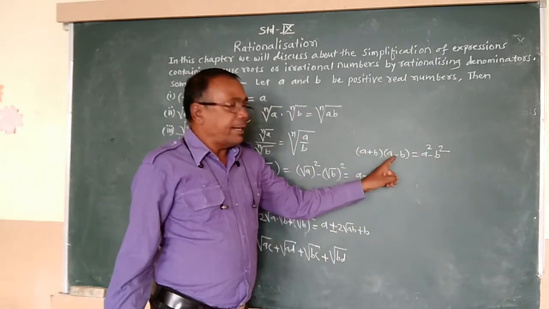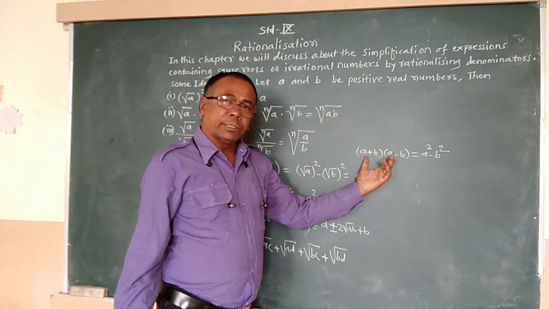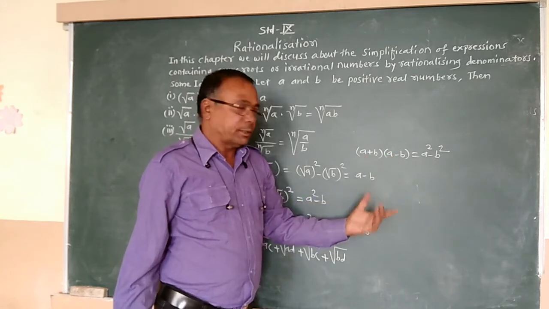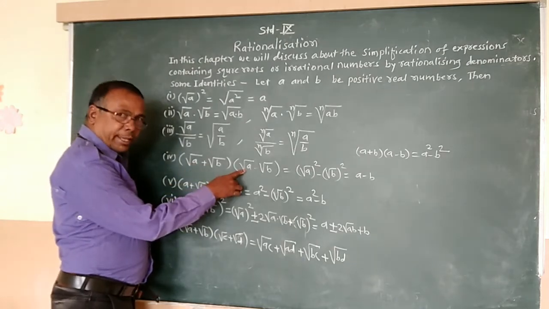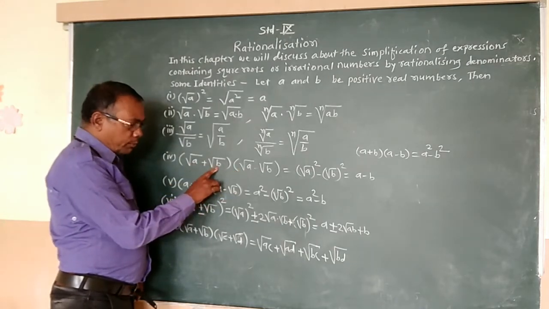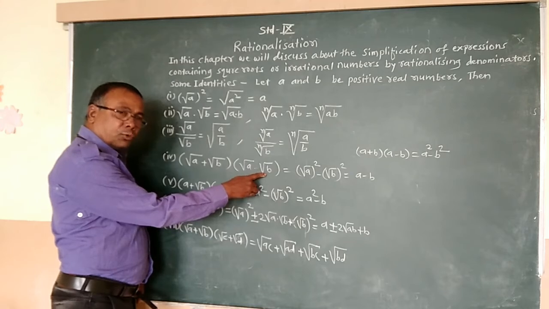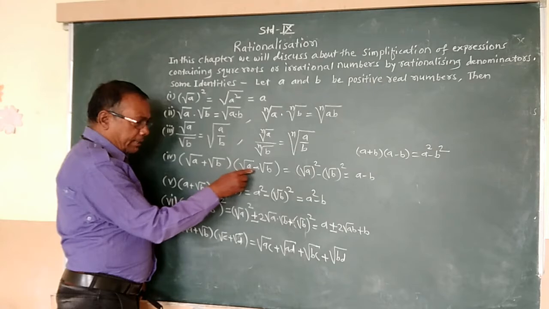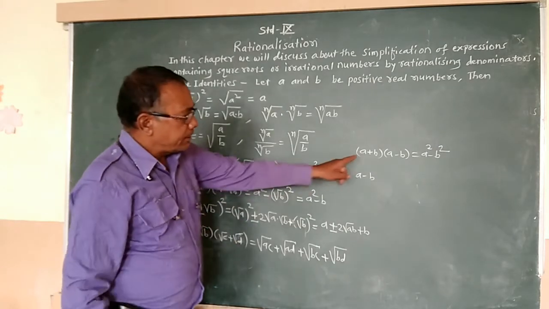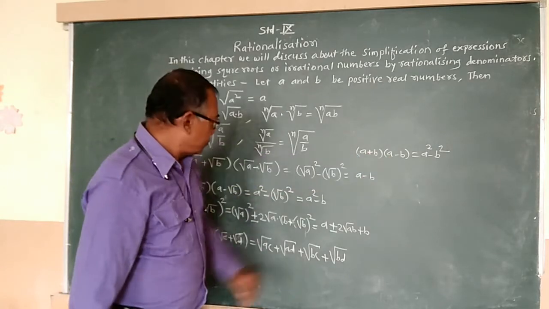Here a plus b and a minus b are called conjugate pairs. The first term is root a and the second term is root b. Here also the second term is root b, with plus and minus signs.